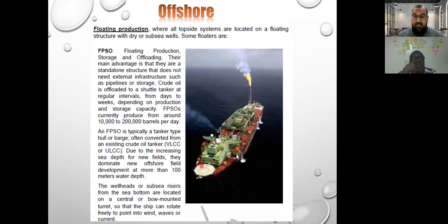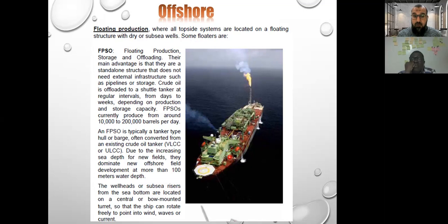As I said, the main advantage of this floating unit is that it is standalone. It's a standalone structure that doesn't really need any external infrastructure like pipeline or storage. Hence the crude oil is then offloaded to a shuttle tanker. There is a tanker here, and this shuttle tanker can transport the crude oil to another area, depending on the production, definitely.